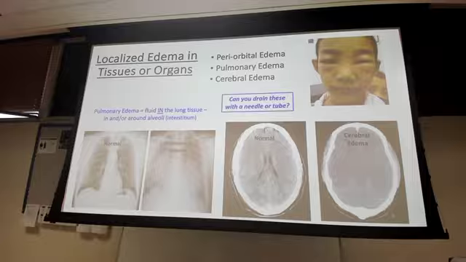What you can also do is think about it. If the edema is in the tissue, are you going to be able to stick a needle in that tissue and pull off fluid? Even though there's space there, it's not a big space. So if you stick a needle in there, do you think fluid's going to come out? No. Unless it's an abscess, which it's not, nothing's going to come out.